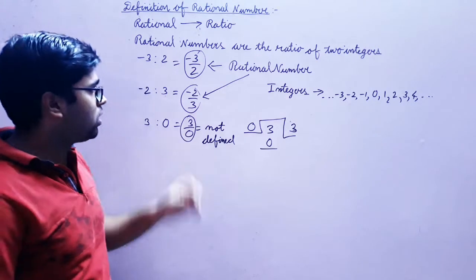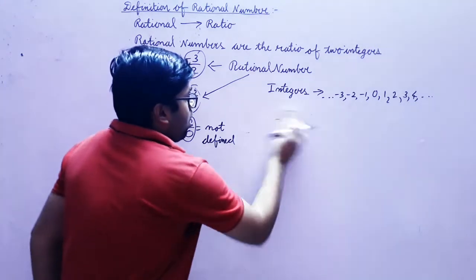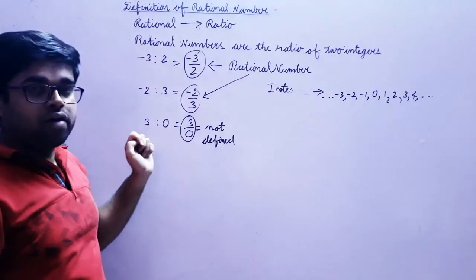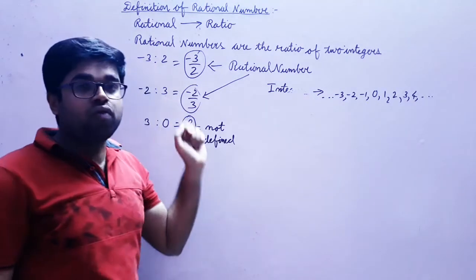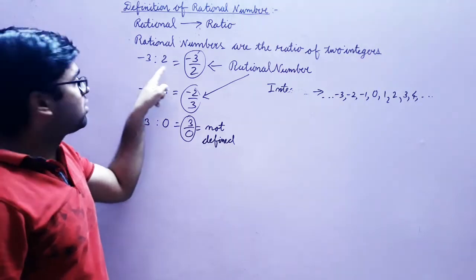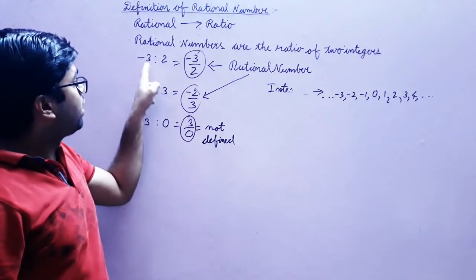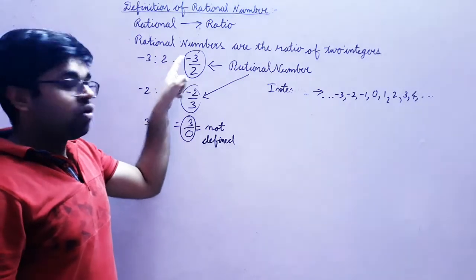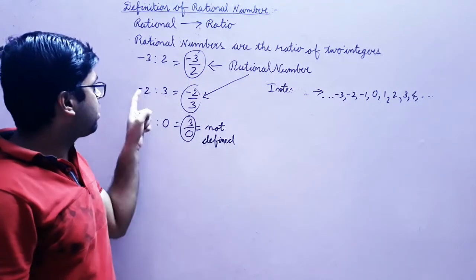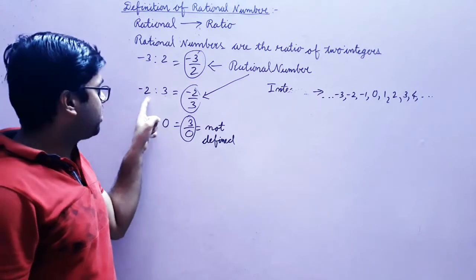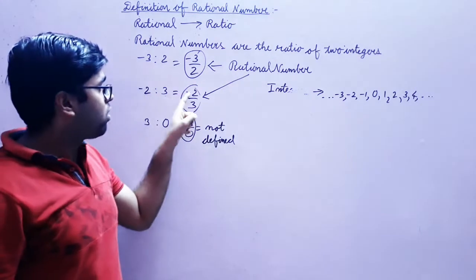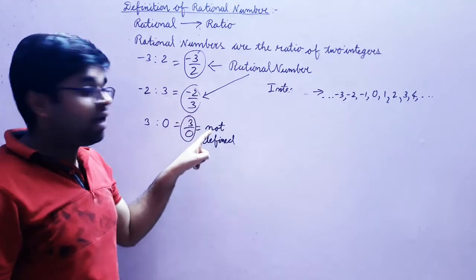Now let us proceed. You know that to get a rational number, you are taking the ratio of two integers. For example, you took the ratio of minus 3 and 2. Now the ratio of minus 3 and 2 is written as minus 3 by 2 to get a rational number. Similarly, the ratio minus 2 is to 3 is written as minus 2 by 3 to get the rational number minus 2 by 3.